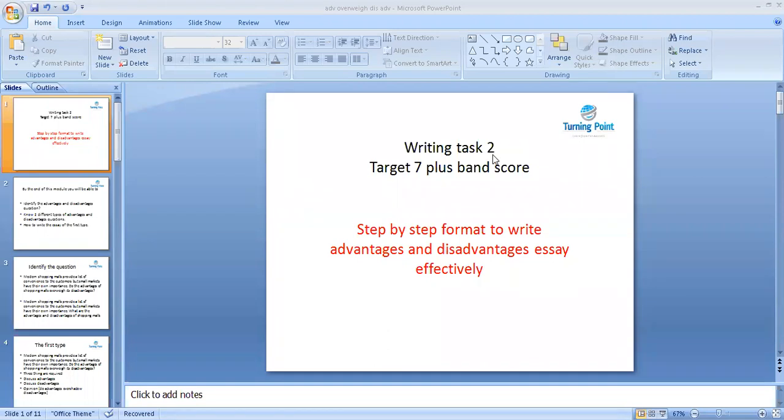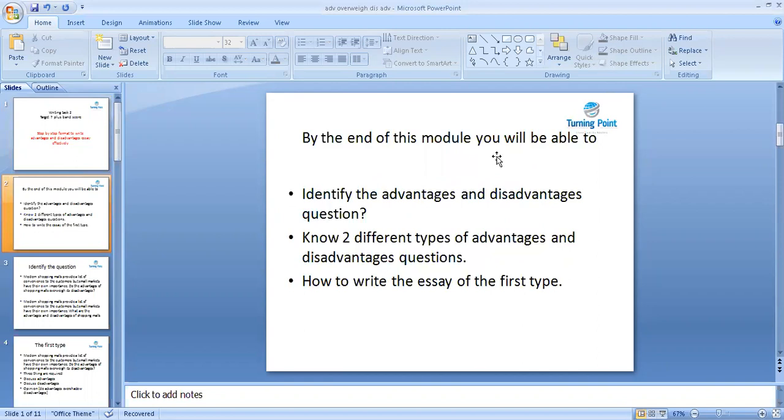So, guys, the module which we will take you through today is Task 2 for advantages and disadvantages questions. By the end of this module, you will be able to, first of all, identify what kind of topics qualify for the advantages and disadvantages format.